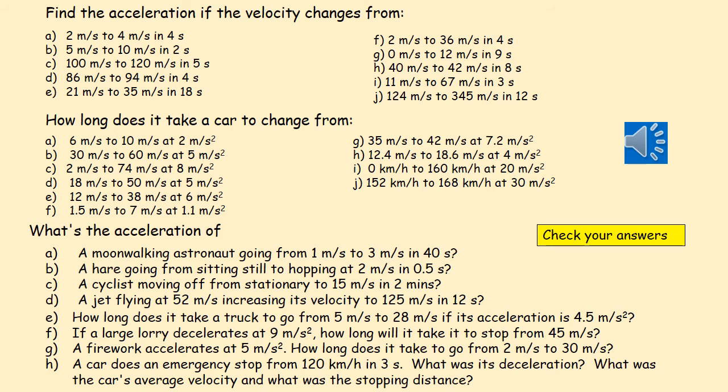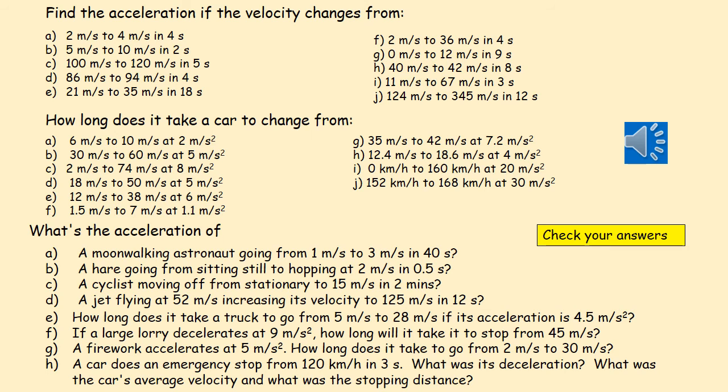I is 160 divided by 20, which equals 8. And then finally J is 16 over 30, which is 0.53.